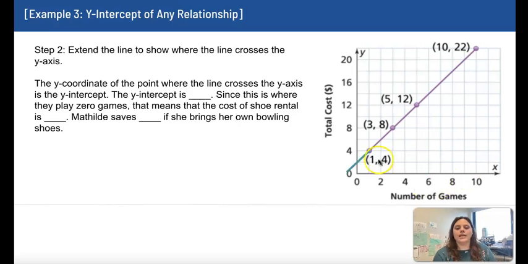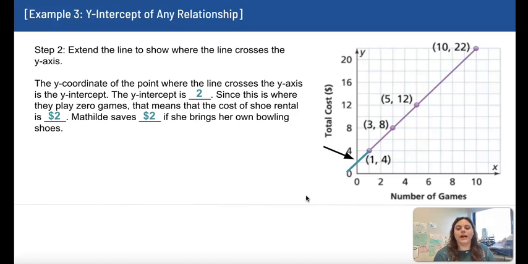When we extend that line backwards at the same level, because this is going by 4s, the middle one is going to go by 2, so this is 2. So the y-intercept right there is 2. Since this is where they play 0 games, that means the cost of shoe rental is $2. So Matilda would save $2 if she brings her own bowling shoes.